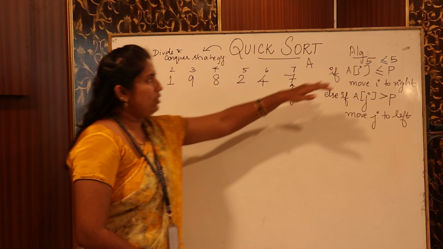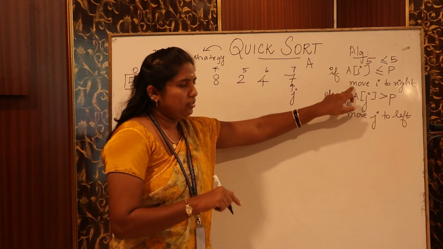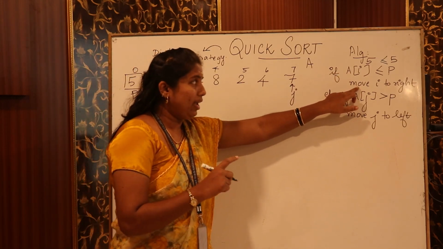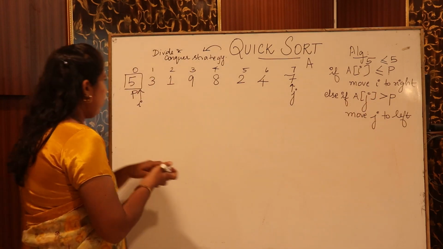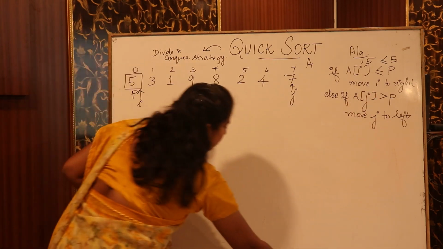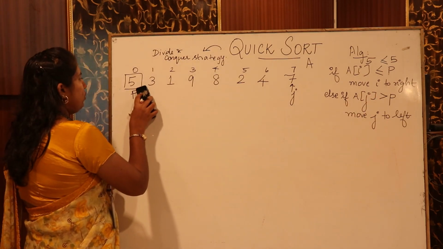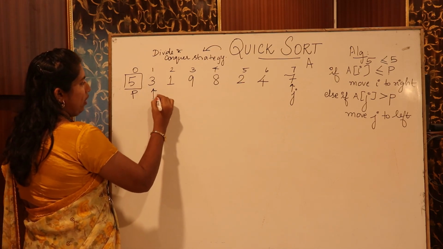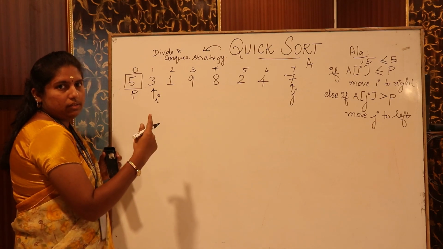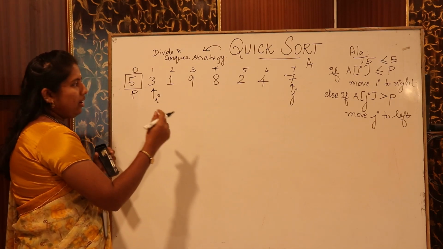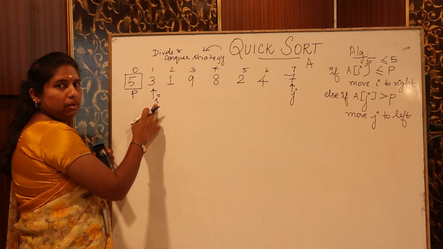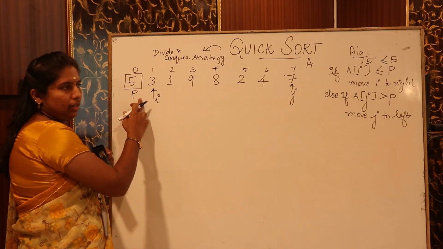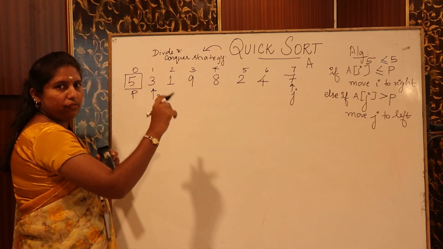So if my condition is correct, this line will be executed, which means I will be moving my I pointer to the right. I will be repeatedly checking this line again and again until A of I becomes greater than the pivot element, which means the condition should become false.